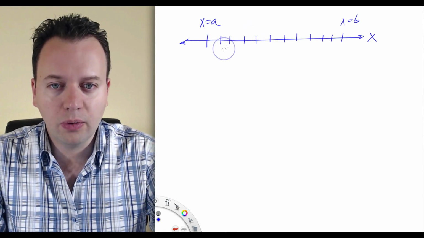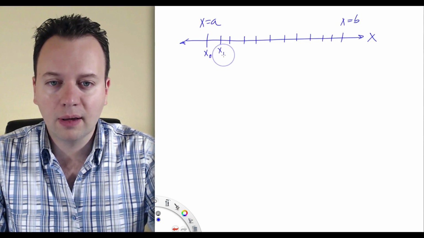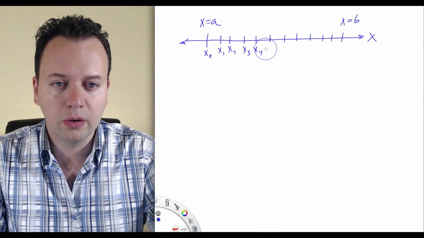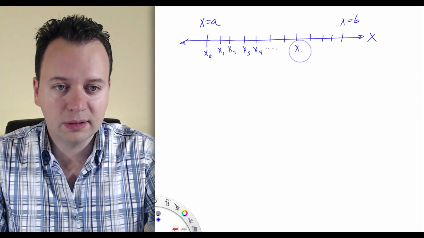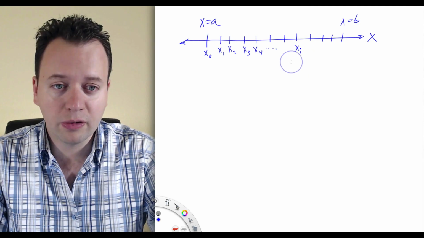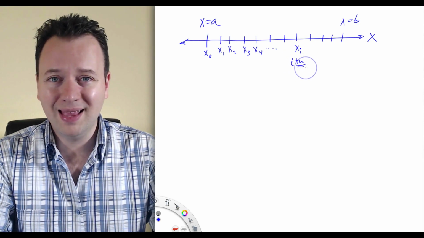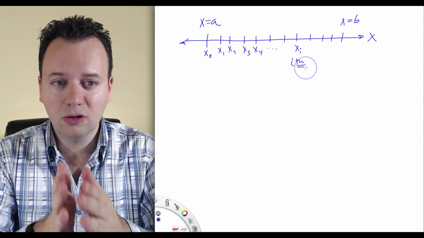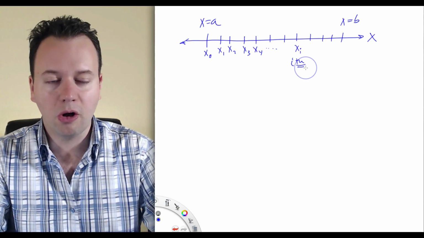So the standard approach is to say x0, x1, x2, x3, x4, and so forth. And then somewhere we'll have an ith. So i is basically a general index, so for an arbitrary notch, we call it x sub i. And then we let i vary from 0 all the way up to n.